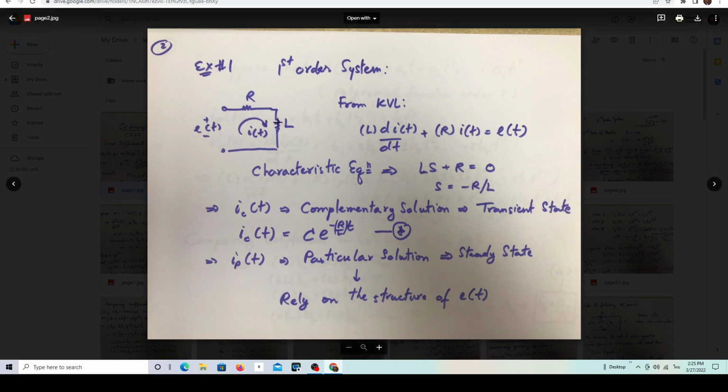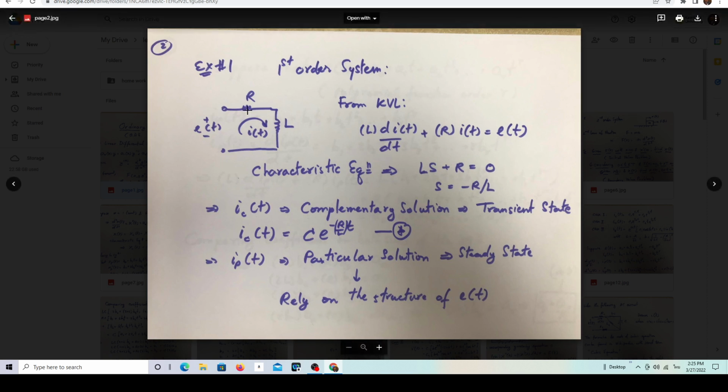Plus, by physical law, the voltage across the inductance has to be L times di by dt. So this is the voltage across the inductance L, and it has to be L di by dt.